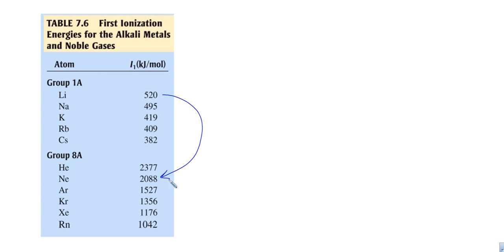So the nucleus in the neon atom is more positive, greater nuclear charge, meaning that there's more attraction between the nucleus and the electrons. Greater Coulombic force within the atom. So as I go across and the atoms get smaller, it takes more energy to remove electrons. Piece of cake, right? It makes total sense.